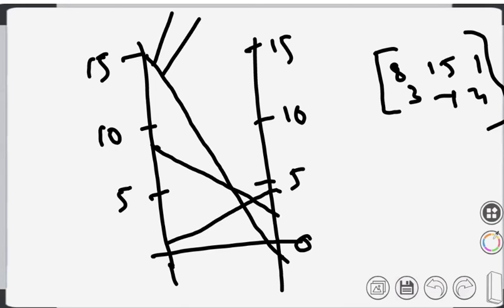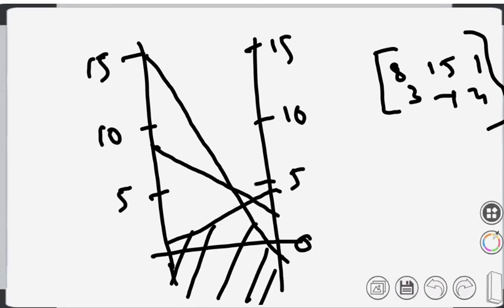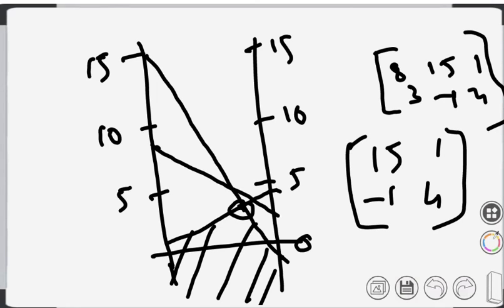Now, it's a 2 cross n matrix, so we have to take the lower envelope. And the highest point of the lower envelope is this. So what are the two strategies that remain? The two strategies that remain are 15 and minus 1, and 1 and 4. Quickly calculate P1, Q1, P2, Q2.